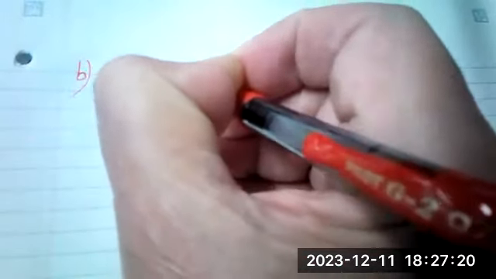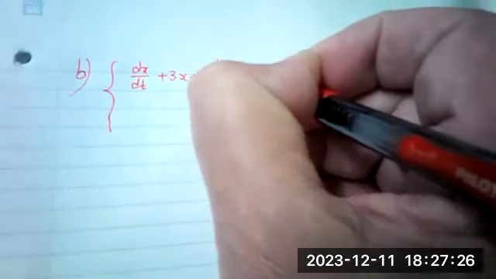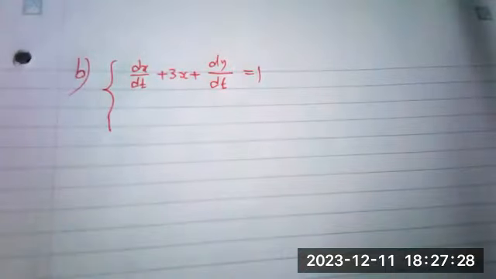Okay. So again, we want to use the Laplace transform to solve this system. So this is the given system: dx/dt plus 3x plus dy/dt equal to 1. That's the first equation.